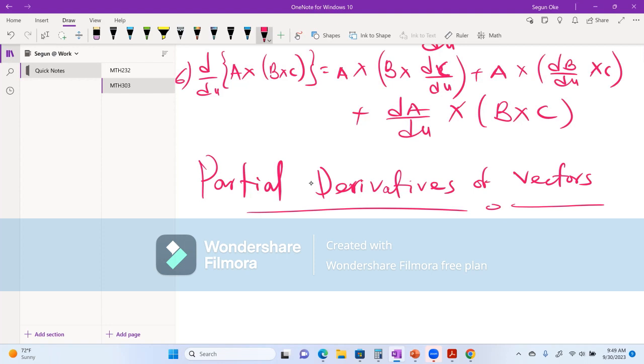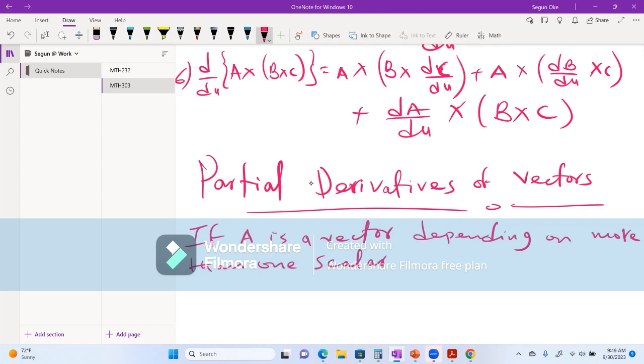If A is a vector depending, see the difference between them now, on more than one scalar variable.